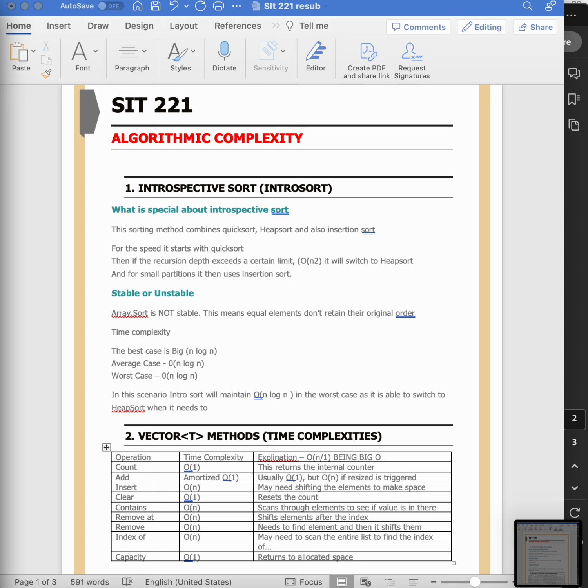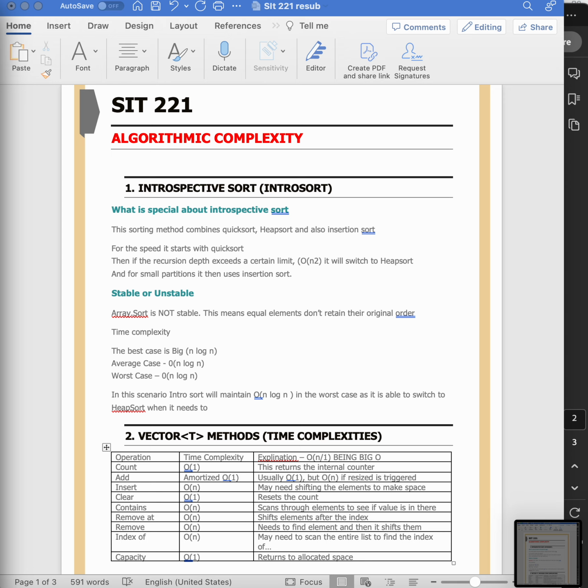Insert is going to scan through them because it needs to insert the value where it belongs, so it's linear, depending on where the item is. Clear literally just resets the count to 0, so it's constant. Contains checks each item to see if it matches, so it has to scan through all of them, which means it is linear.